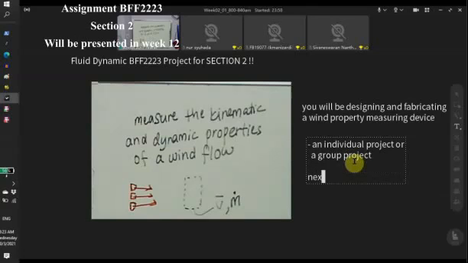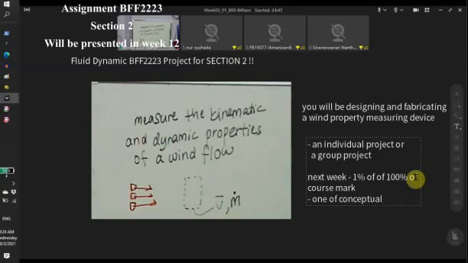Next week, 1% out of 100% of course mark for submitting at least one conceptual design of the prototype and list of group members.